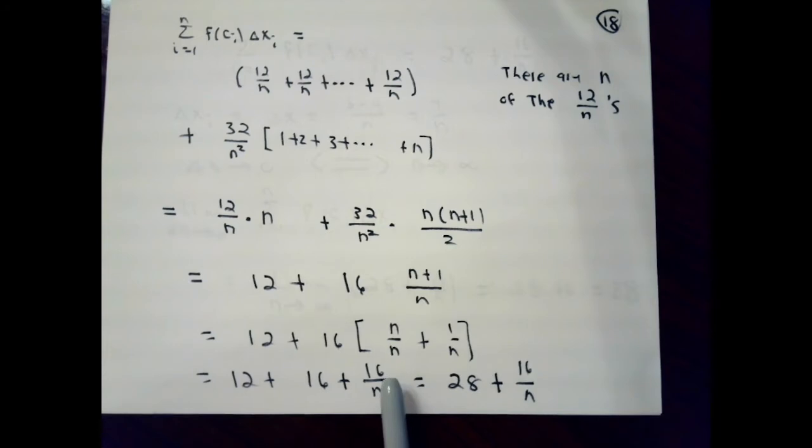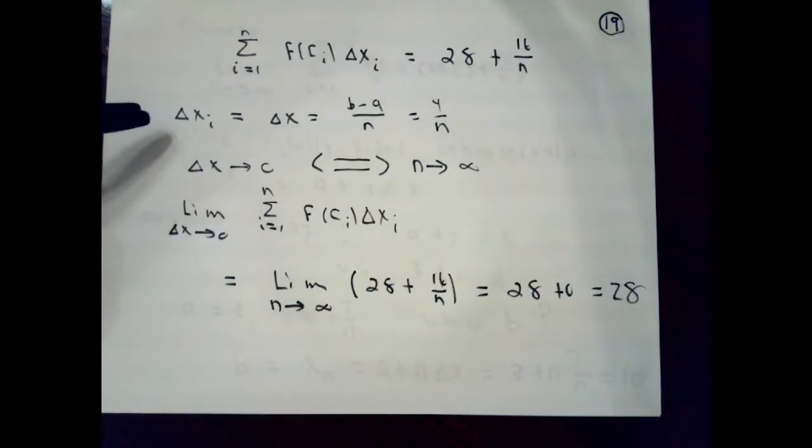N over n, of course, is 1. 16 times 1 is 16, plus 16 times 1 over n is 16 over n. So these sums that we're looking at, using equally spaced subintervals, choosing the ci to be the right endpoint, the sum is 28 plus 16 divided by n.